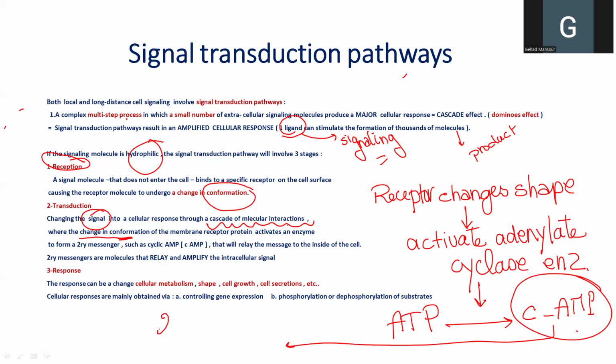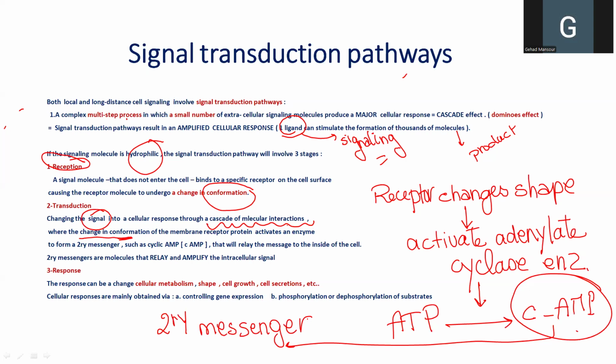Secondary messenger here means the deputy or the delegate of the hydrophilic peptide hormone that couldn't enter the cell, that just bound to a receptor. But its well-trusted delegate, which is called cyclic AMP, will be produced inside the cell and will do all the necessary to achieve the response targeted by this peptide hormone.